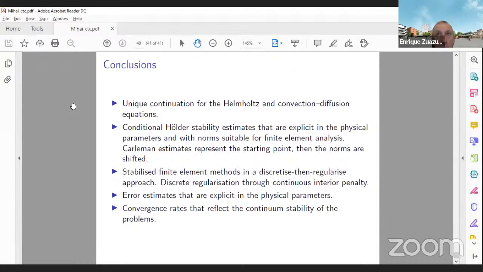So we know that you can expect only unique continuation for low frequency solutions, right? I don't remember exactly where, but we wrote that a few years ago. But at high frequencies, the unique continuation fails.